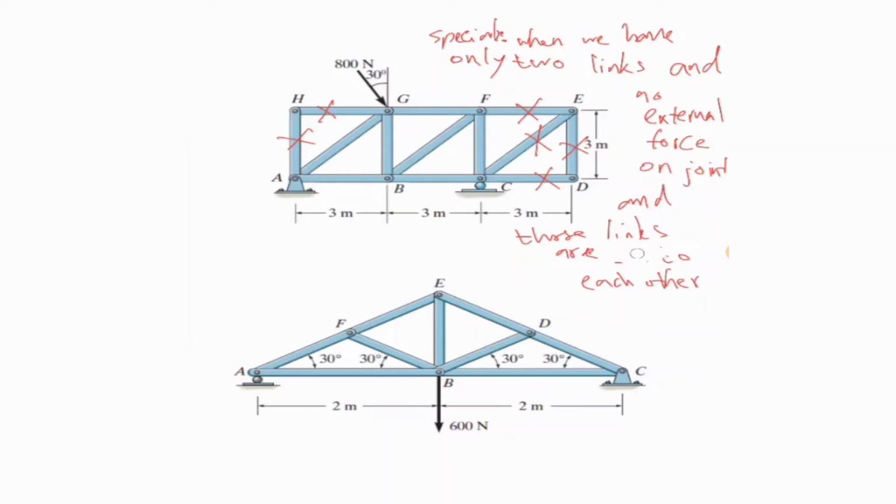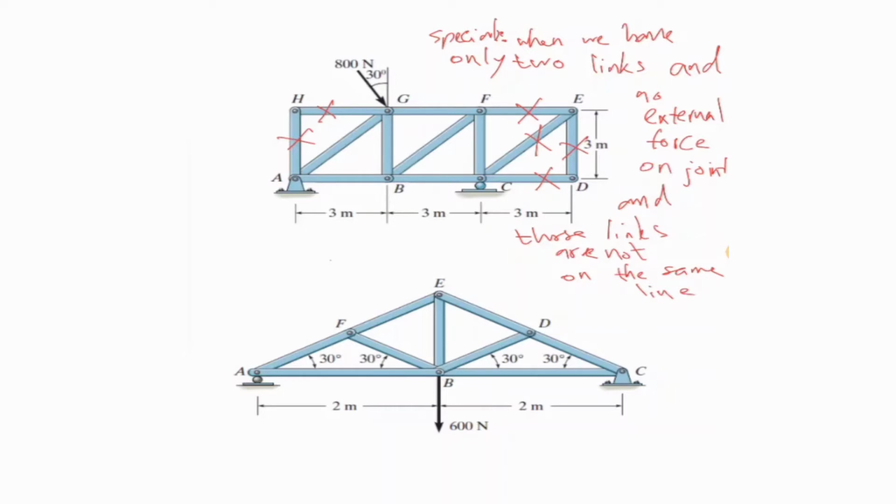Then let's complete this special case: we have two links and no external forces on the joint, and those links are not on the same line.